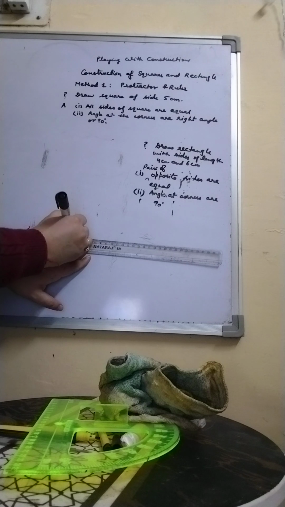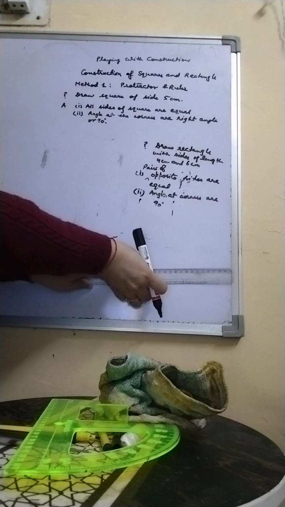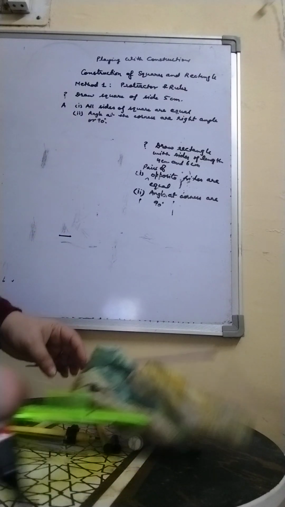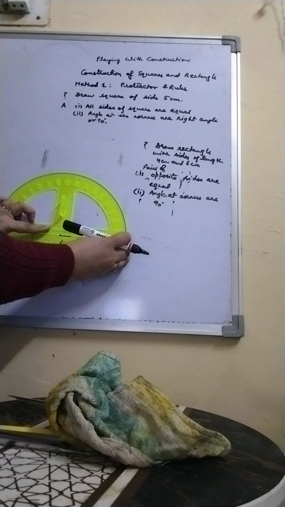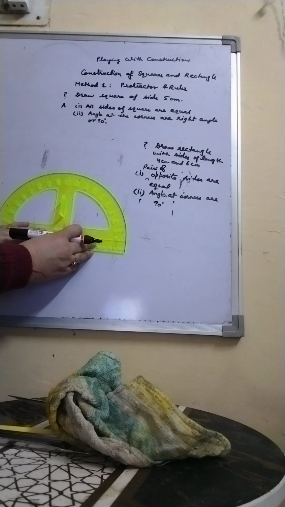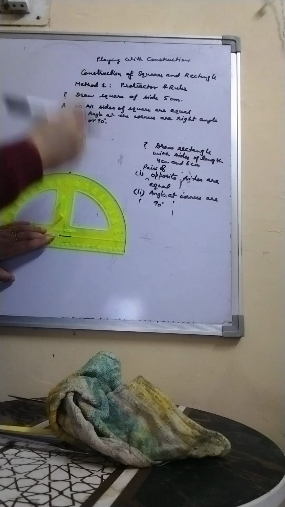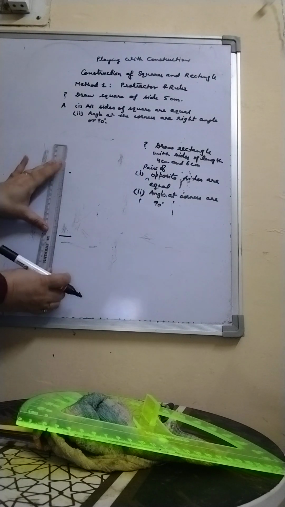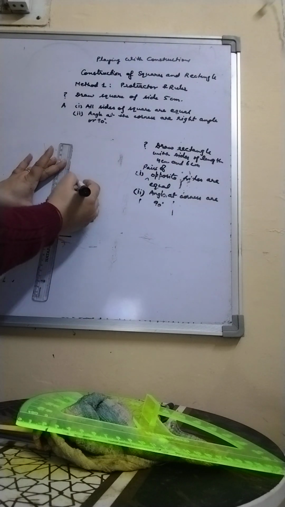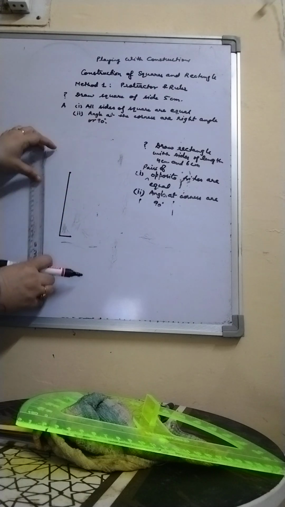Then using the protractor, put the dots at the end. Then using the protractor, you would draw 90 degree. So keep the center of the protractor at the vertex and put the dot, mark it 90 degree. Draw the side.